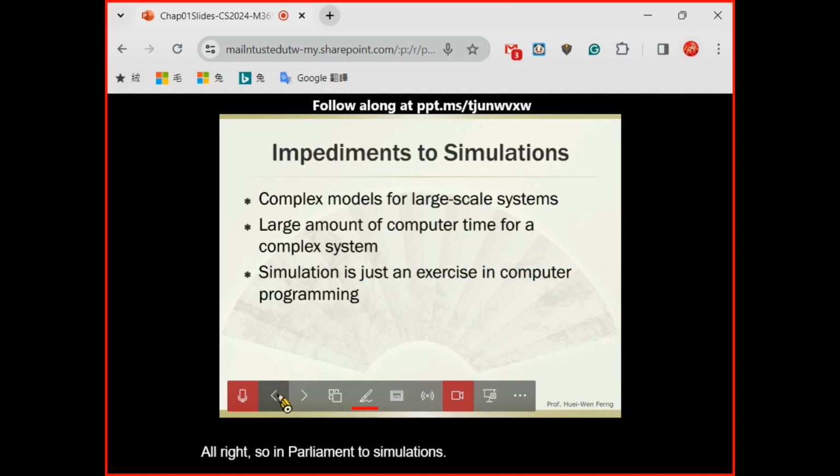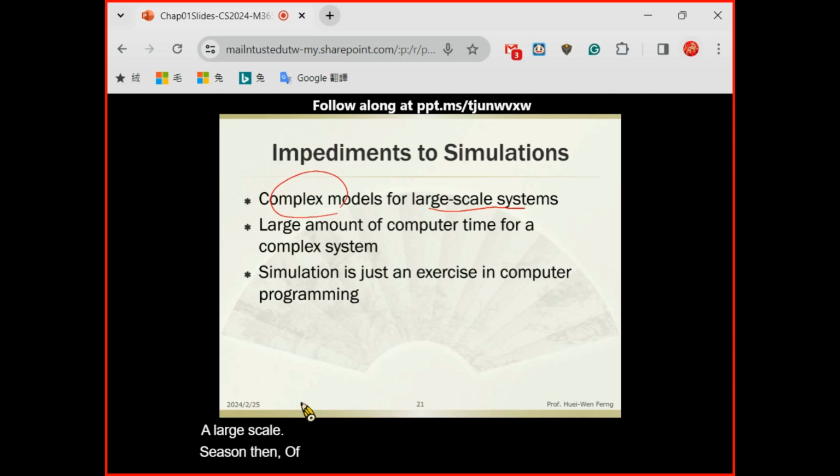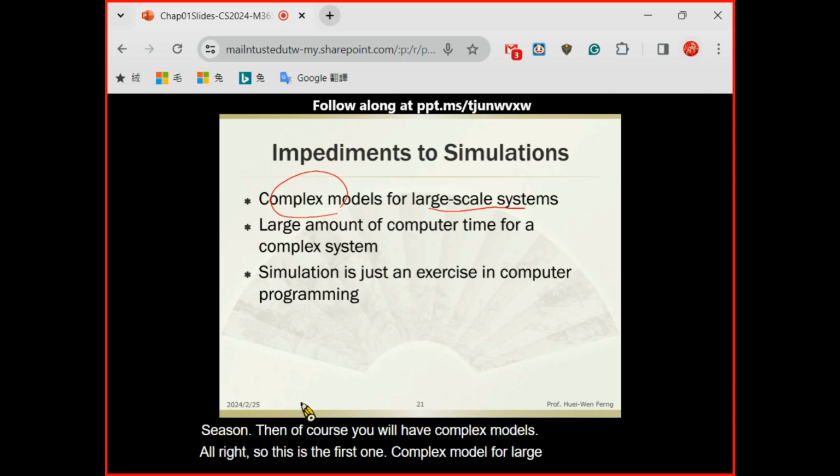We have the model. If we want to have a large-scale system, then of course you will have complex models. So this is the first one: a complex model for a large-scale system. Then maybe for you, you will have the burden.